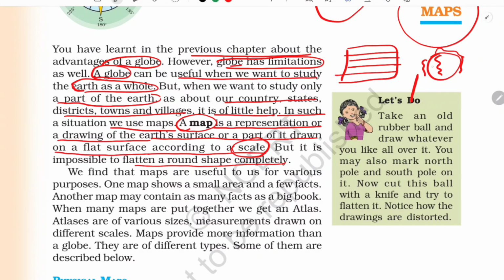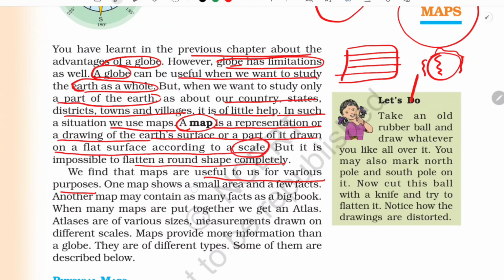So it is not possible for us to flatten all of this practically, but we have tried to straighten this globe and make a representation of a part of the earth on paper. So we find that maps are useful to us for various purposes. So now you know the uses of a map, isn't it? And it is more useful than a globe if you want to study about our country or some states or some districts, some parts.